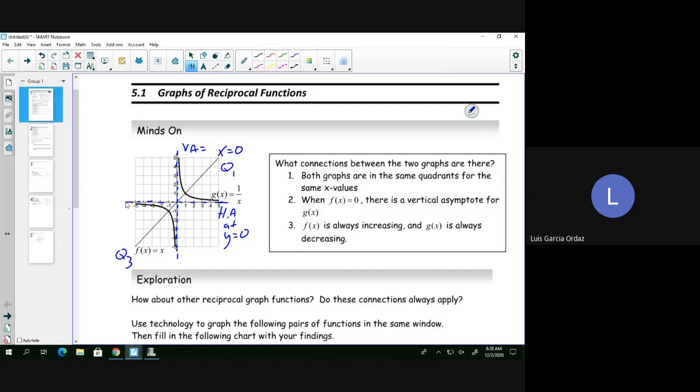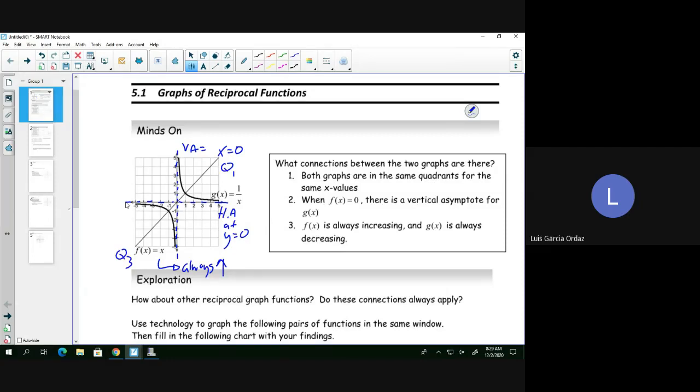Remember, the linear function is always increasing. When you go from left to right, the reciprocal is always going down. Going from left to right, it is always decreasing.